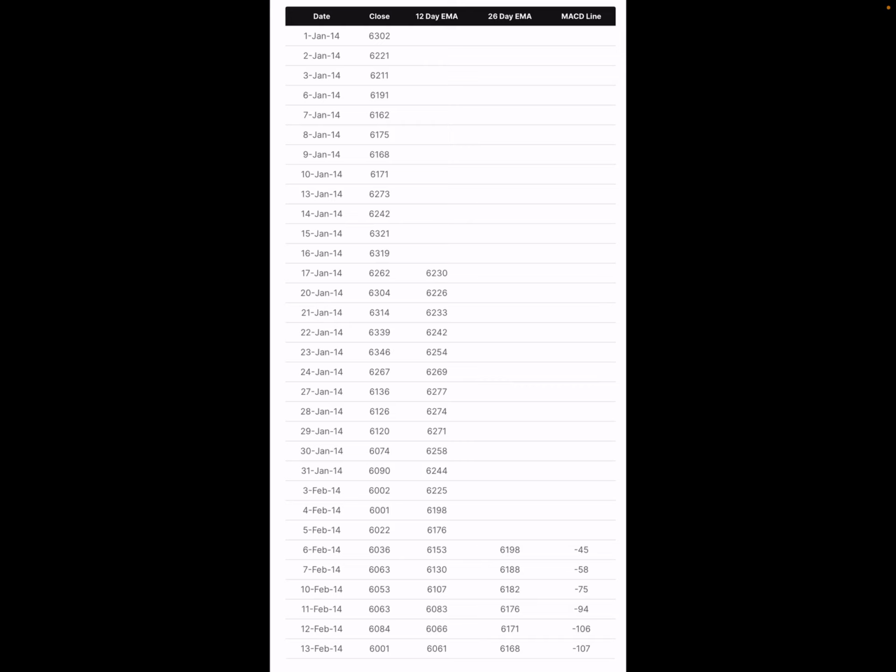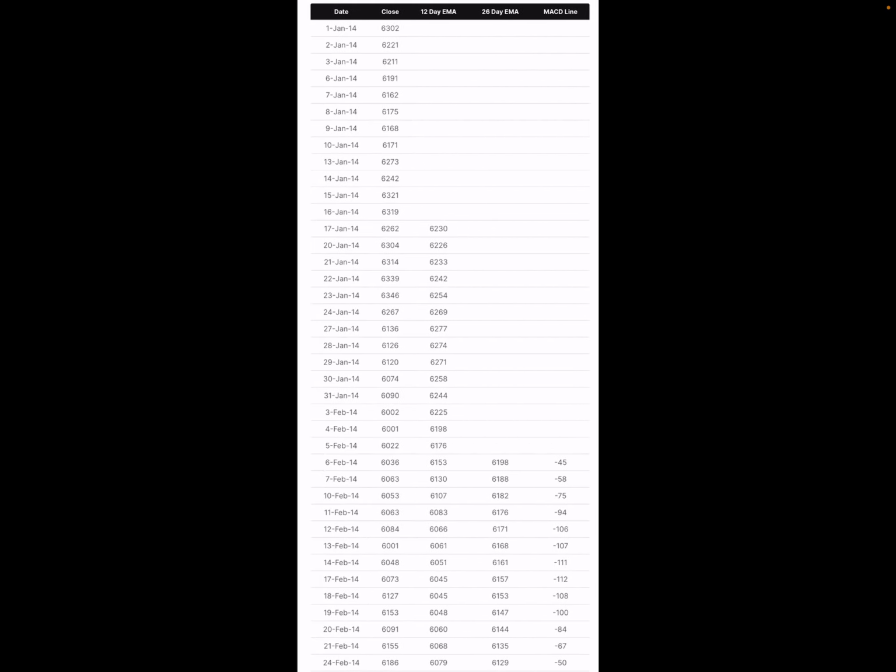So the MACD value is the 12-day EMA minus the 26-day EMA. For example, on 6th February 2014, the 12-day EMA was 6153 and the 26-day EMA was 6198.